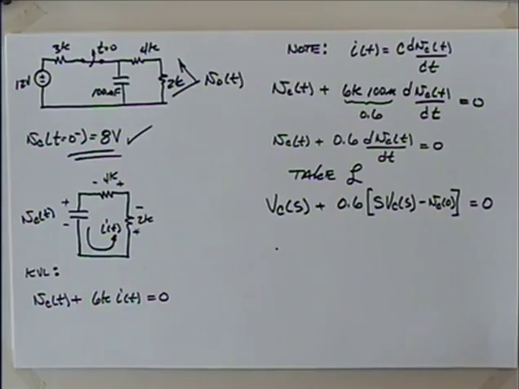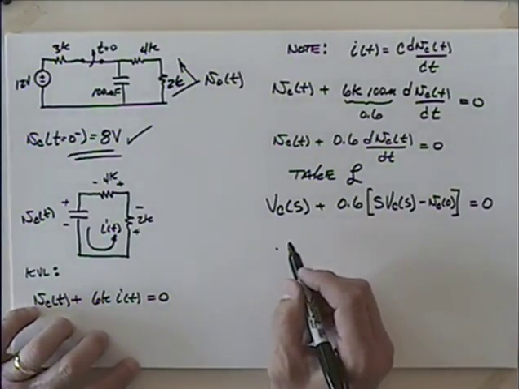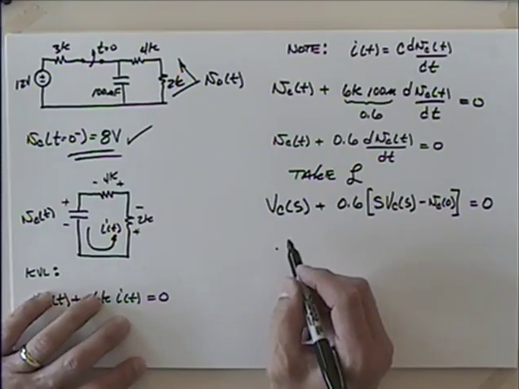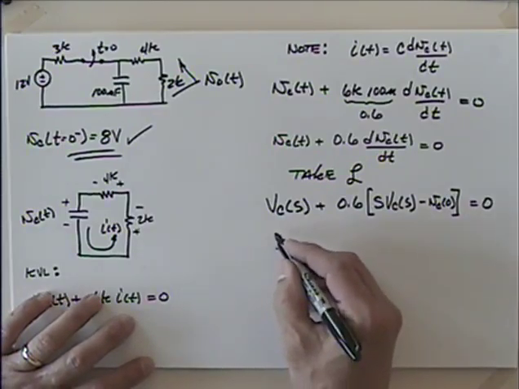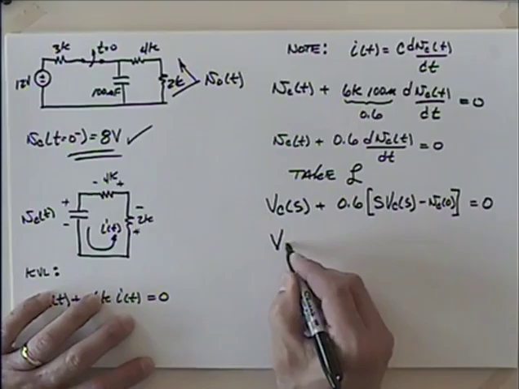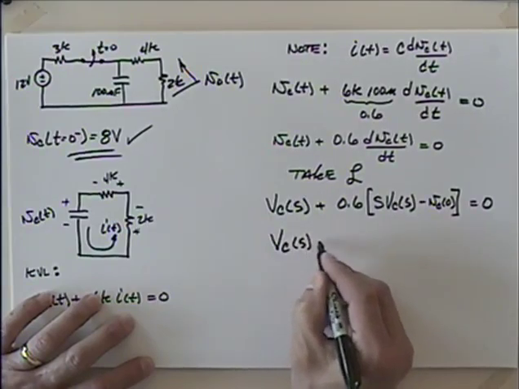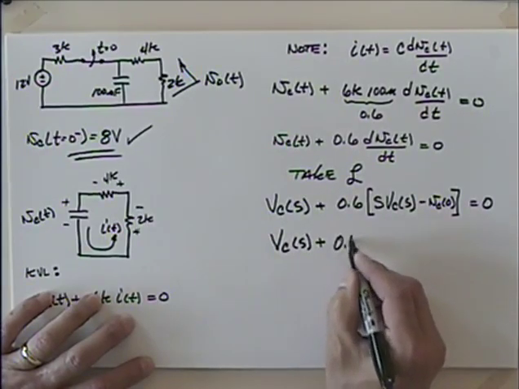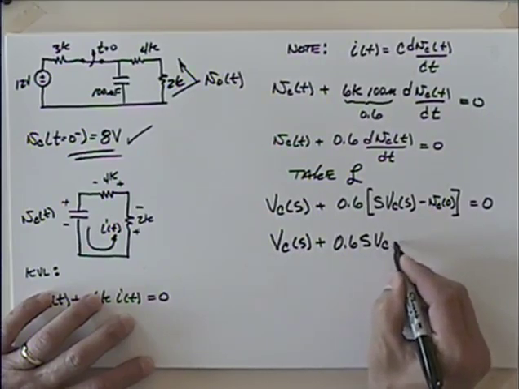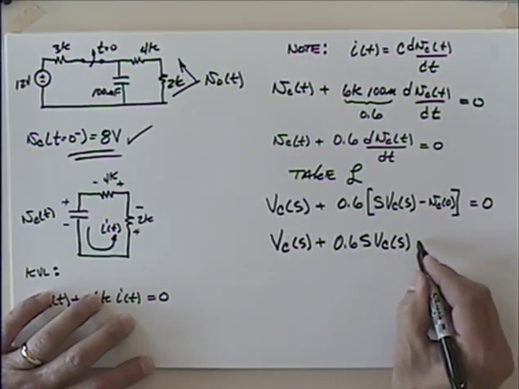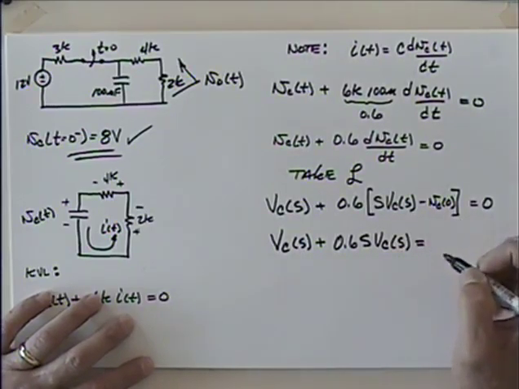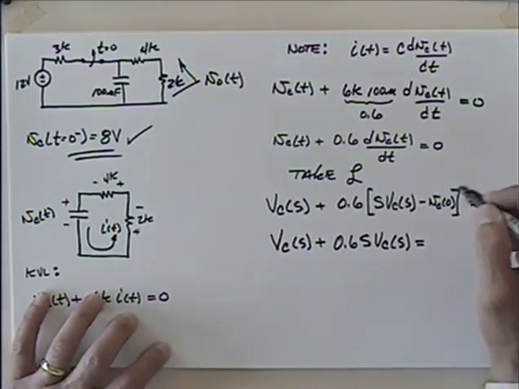So I've taken the Laplace transform. So I could say that I have Vc in the S domain plus 0.6 S Vc in the S domain is equal to, I'm going to put, do we have this? This is 8, isn't it?